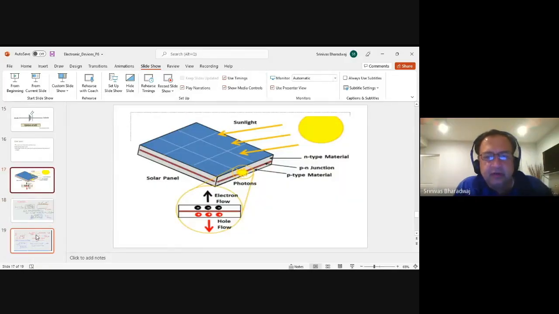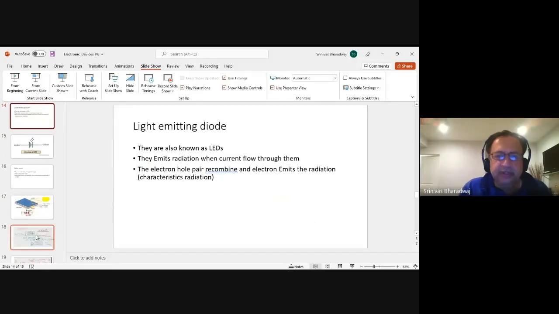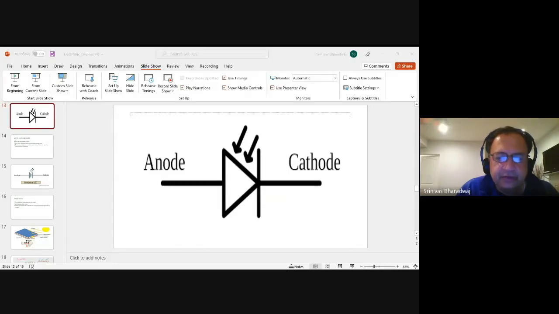When light falls on it, electrons, there is a current induced. Okay, so we will discuss that as well in the next class. I felt there's too much material, the relationship of LEDs and diodes and the solar panel, so I would keep that discussion for next week.